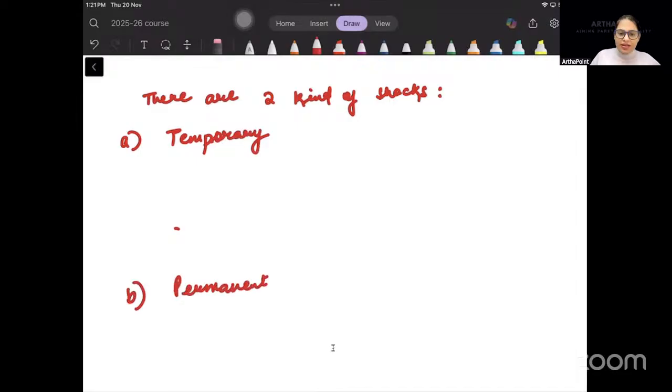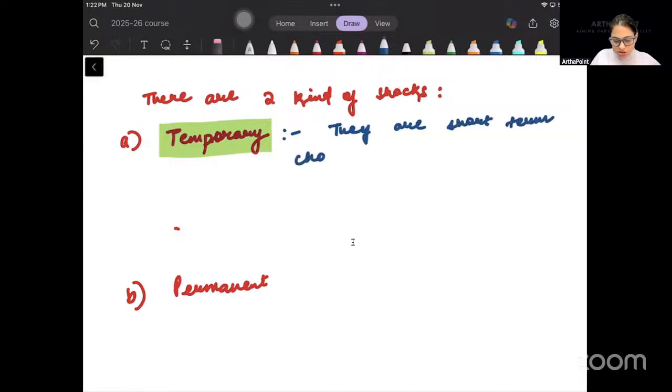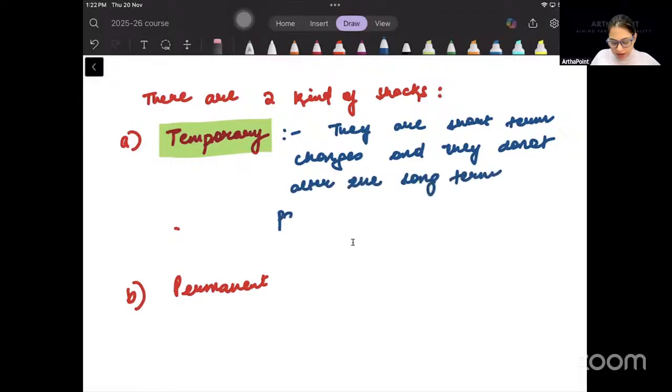In case of a temporary shock, these are short-term changes, and they do not alter the long-term path of the economy.